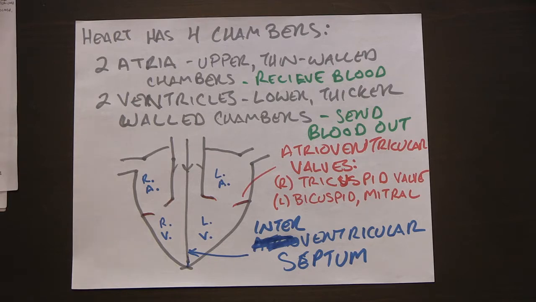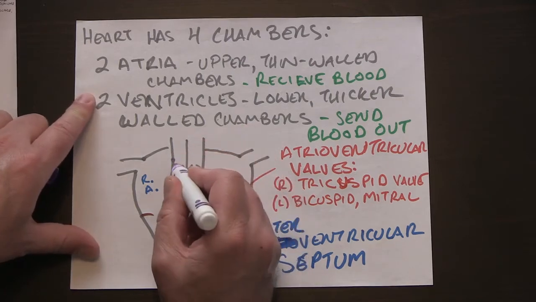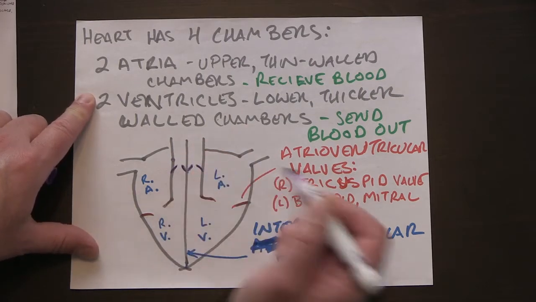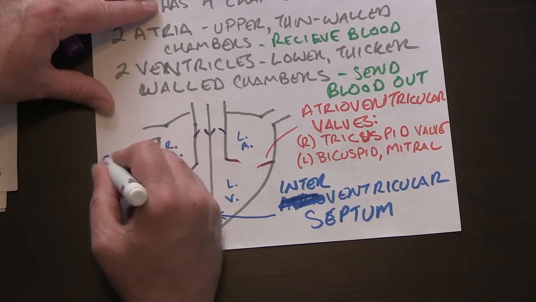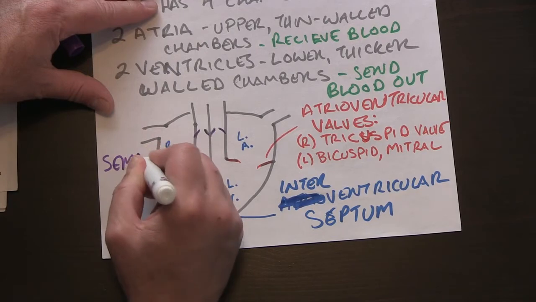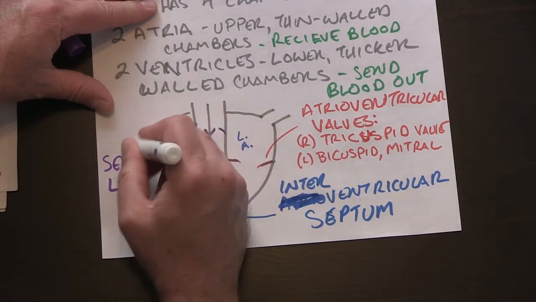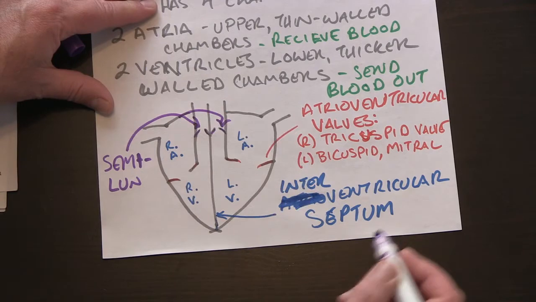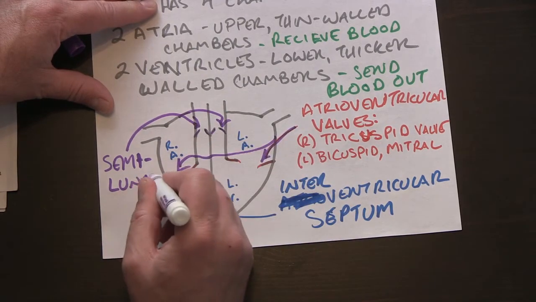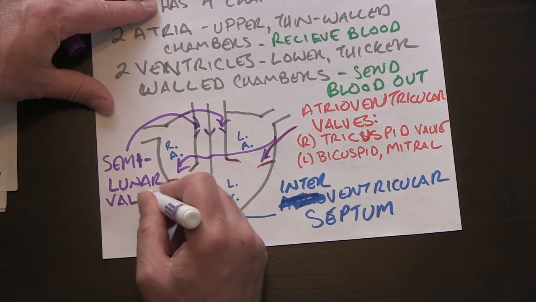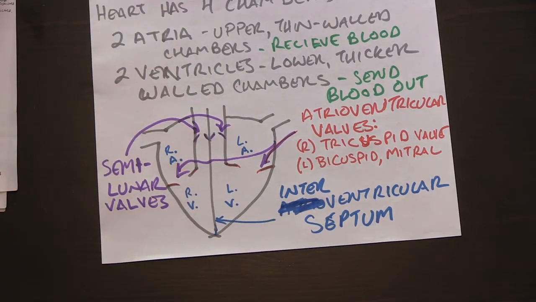The other valves, I'll use this diagram, but I'm going to run out of room writing. The valves that are leaving the ventricles, here and here, are known as semilunar valves, and they also have special names.